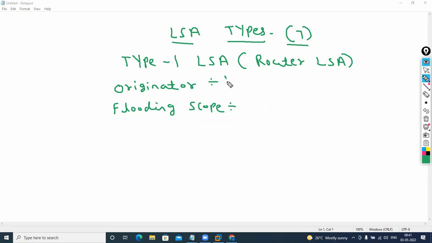Type 1 LSA, every router will originate this LSA. The scope is within the area.